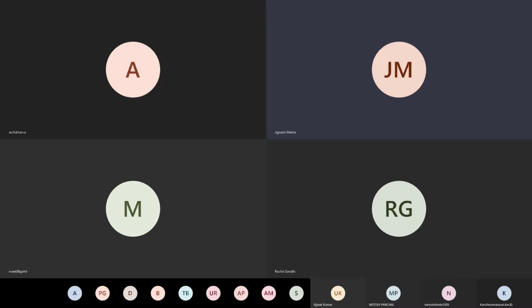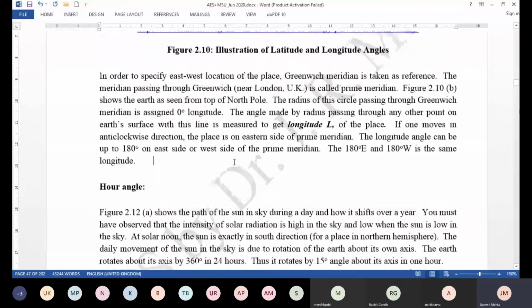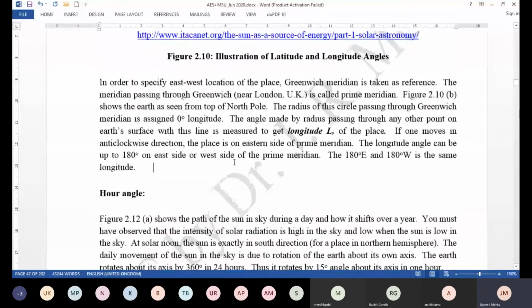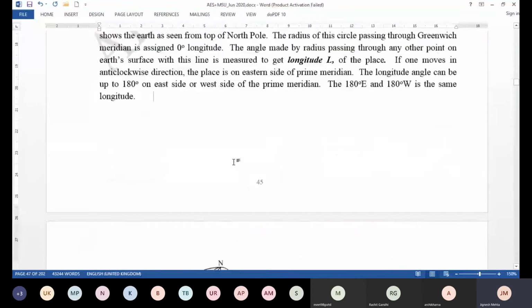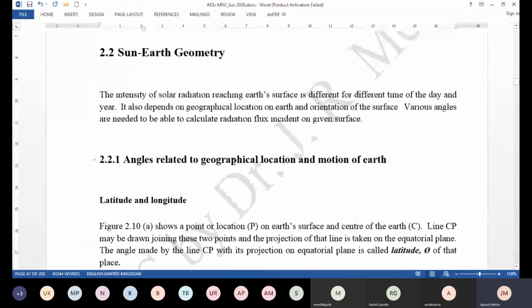Yes. So towards the end of the previous lecture, we started talking about various angles, Sun Earth geometry, and the very basic thing like latitude and longitude.